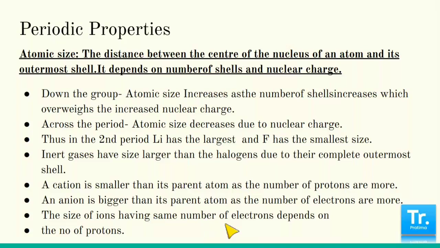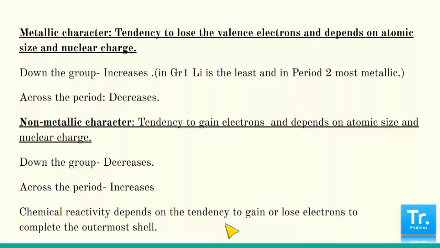Now the next topic, and that is metallic character. So what is a metallic character? What is a metal actually? A metal is an element which has 1, 2 or 3 electrons in the outermost orbit. Now with those 1, 2 or 3 electrons in the outermost orbit, the atom will definitely have a tendency to lose the electron so as to attain stability.